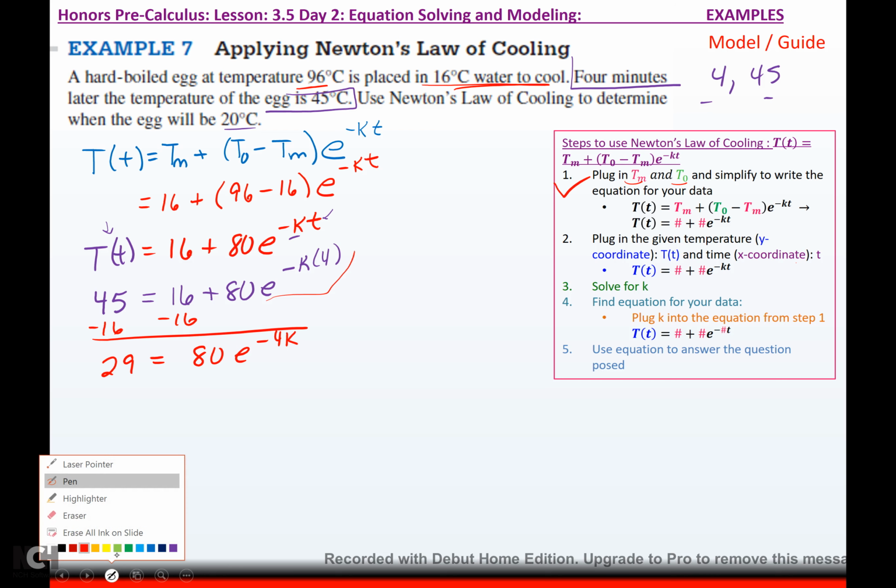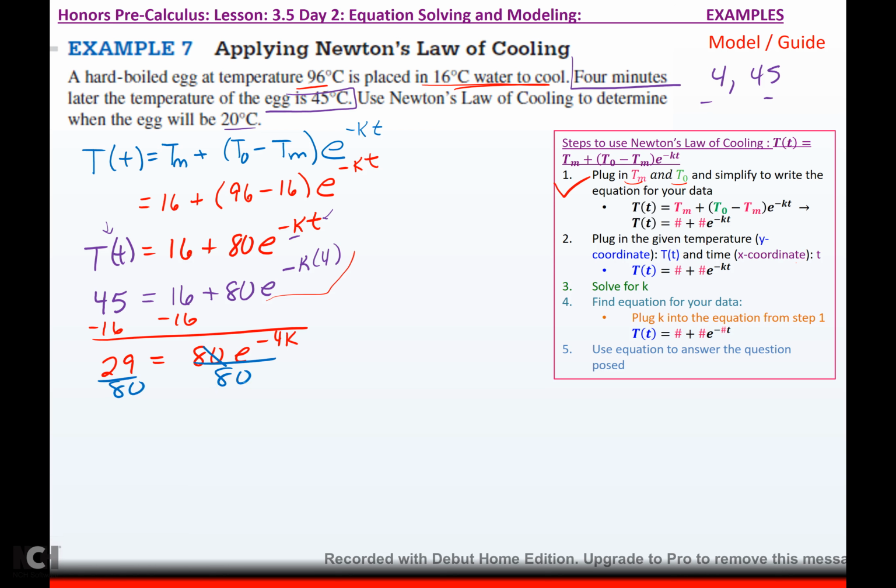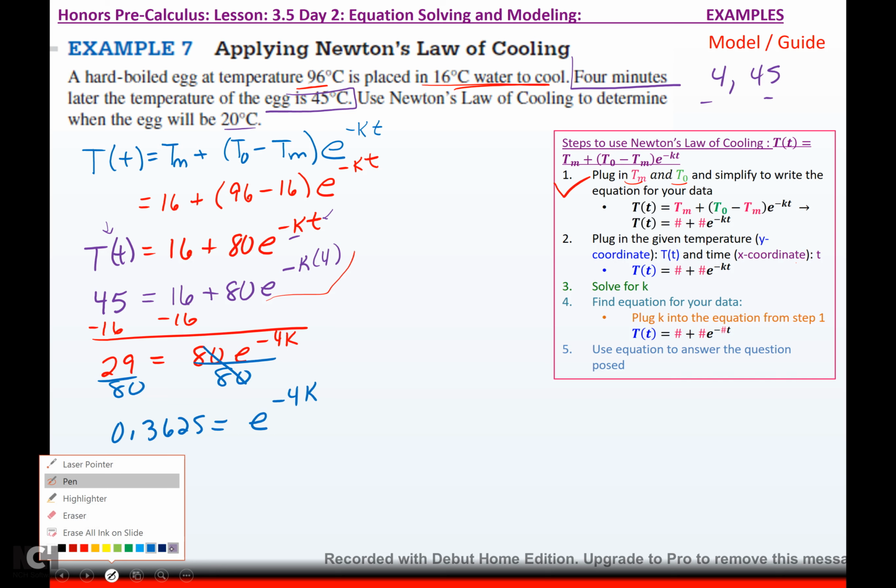Now to get the e alone, I'm going to divide by 80. 29 divided by 80 is 0.3625 equals e to the negative 4k. To get variables out of the air, to get letters out of the exponent, you use logarithms or natural logarithms. So I'm going to natural log both sides.